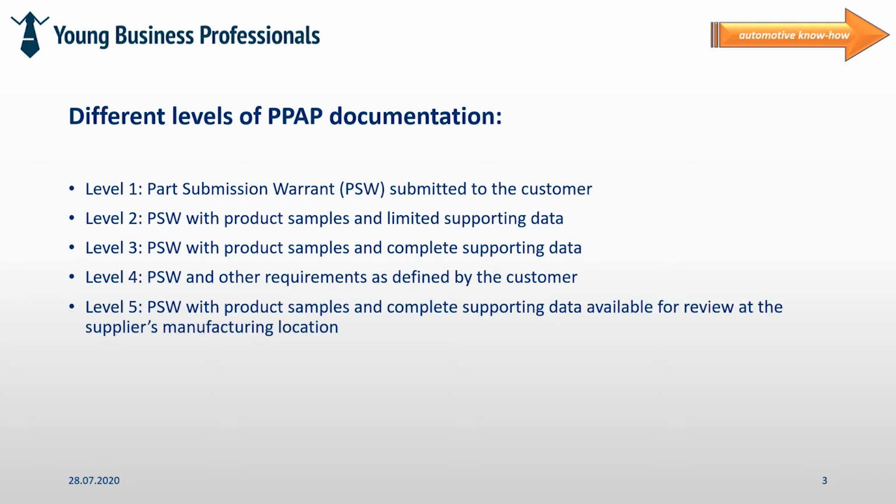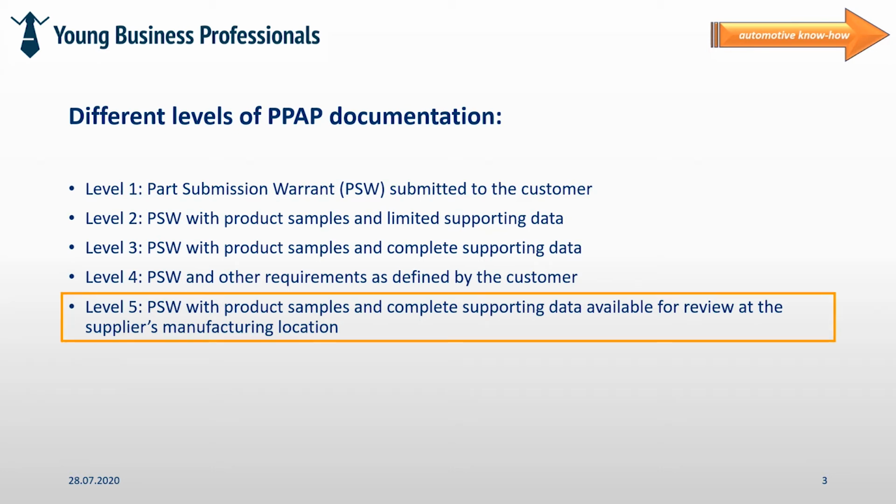And Level 5, PPAP Level 5, requires providing the PSW and product samples and being ready to receive a customer audit, sharing the complete supporting data in a review at the supplier's manufacturing location with the customer. So there is an on-site review with the customer to be considered for PPAP Level 5.